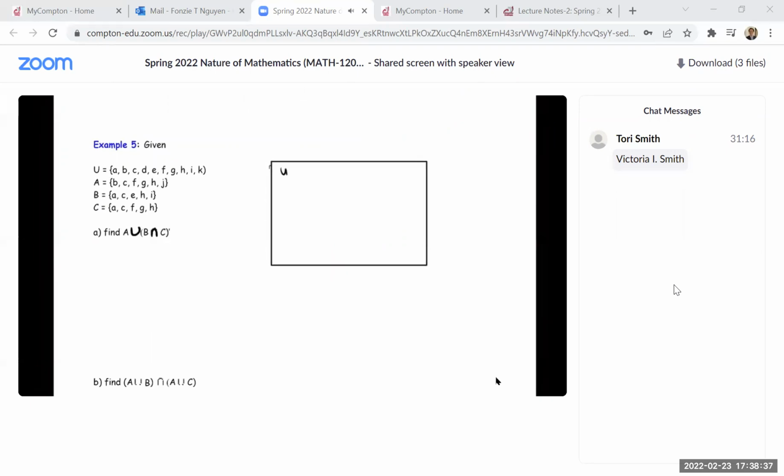Okay, so we've got the U. A, B, and C, do they all overlap? Yes, they all overlap, and they all have H in them too. So that means all three are going to overlap.